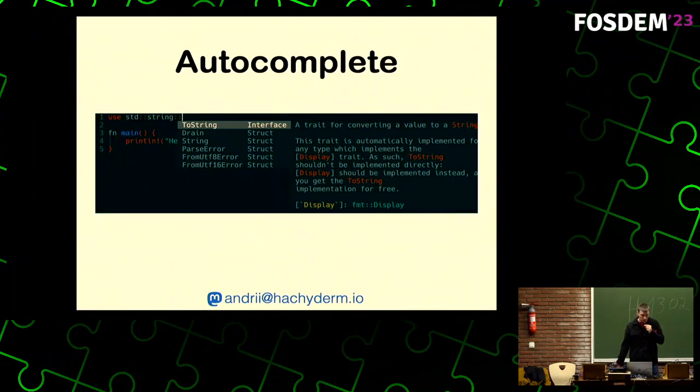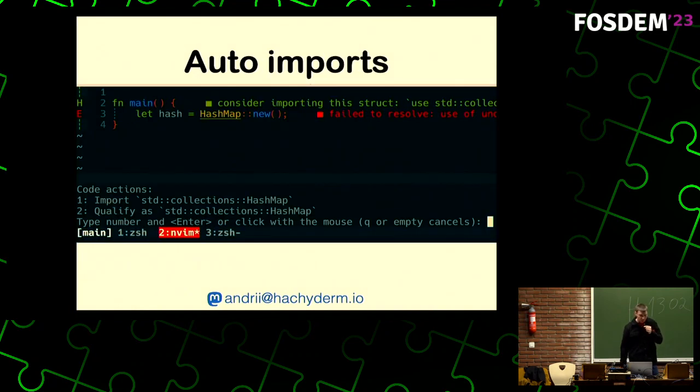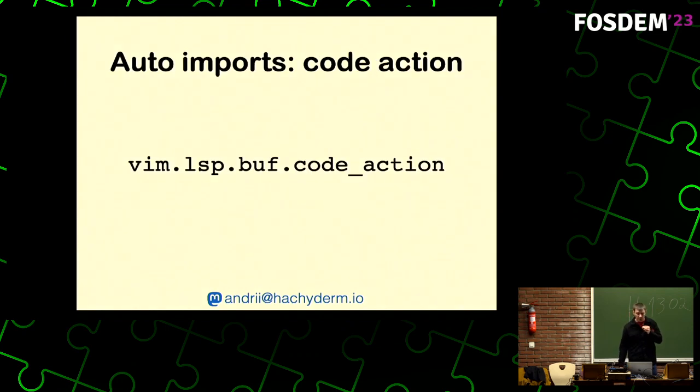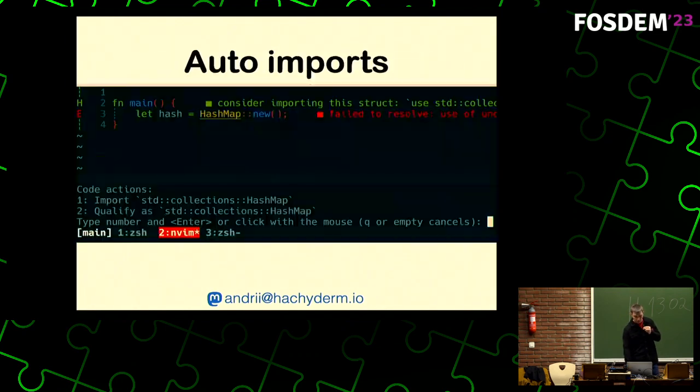Next, when you're done, you can see this autocomplete, which is great. Another interesting feature is imports. For example, if you use HashMap but forget to import it, which I usually do, it's very nice. If you bind this code action, it will show you different options depending on which part of the code you are in.